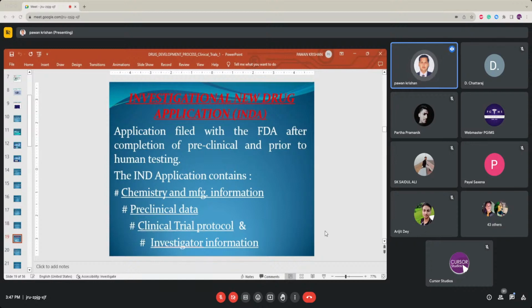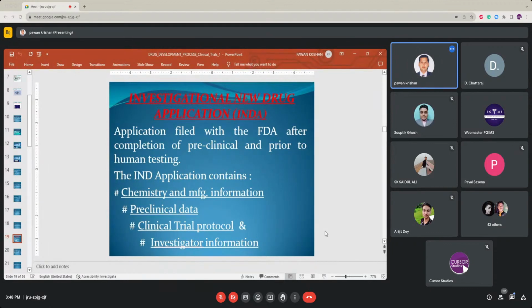So that is a tedious part. So chemistry information has to be there. Then manufacturing information on a large scale, how it is manufactured. Is there any environmental hazard or any chemical which is going to damage or harm the environment? Is that chemical being used or not? That will be examined by the regulatory authorities.